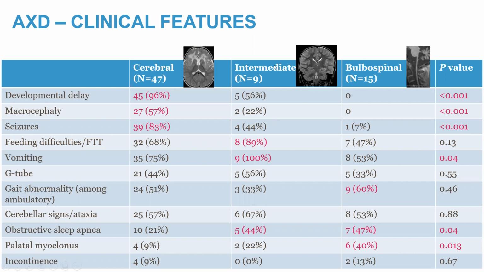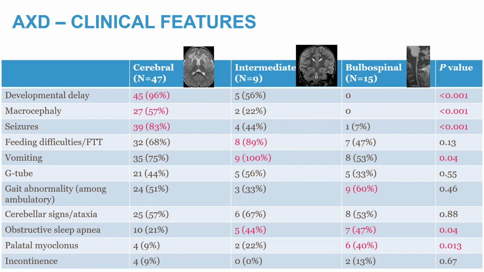So, for example, developmental delay, macrocephaly, and seizures really are prominent in the cerebral form, which mostly occurs in children under age 2. Whereas patients with the bulbospinal form rarely have these symptoms, and this is the adult onset form. Feeding difficulties, though, are actually present in all forms and may present with vomiting in the intermediate form.